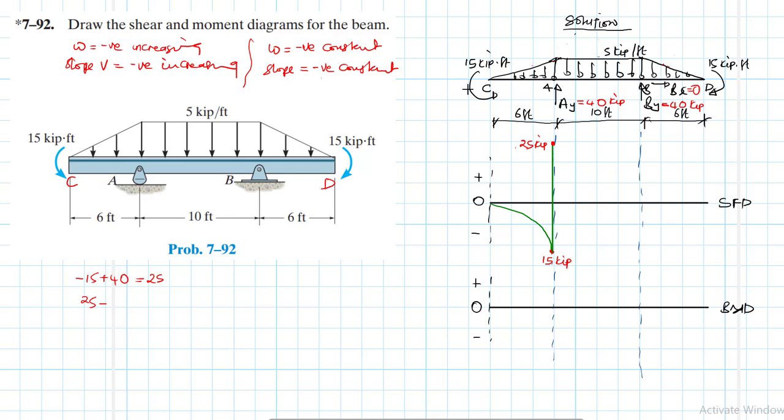Okay, so we have 25 kips minus 5 times 5 times 10. Okay, what do we get? 5 times 10. So we get a minus 25. All right.